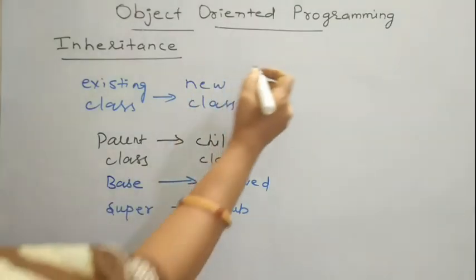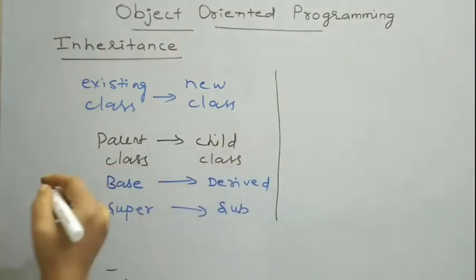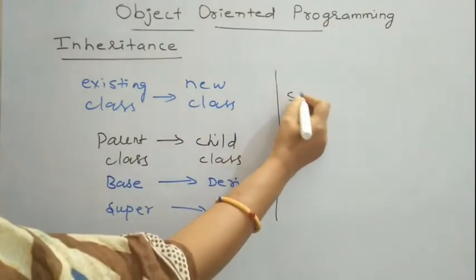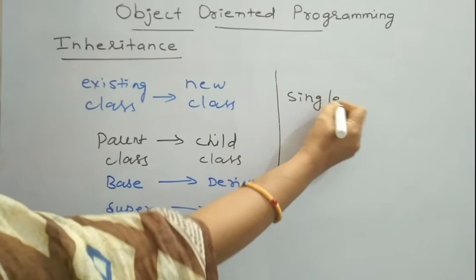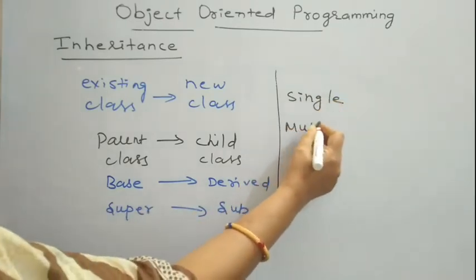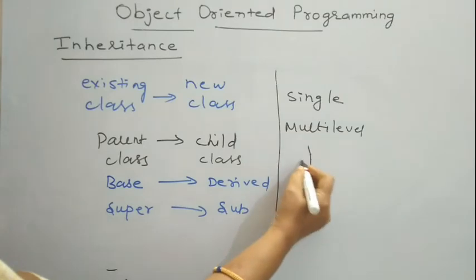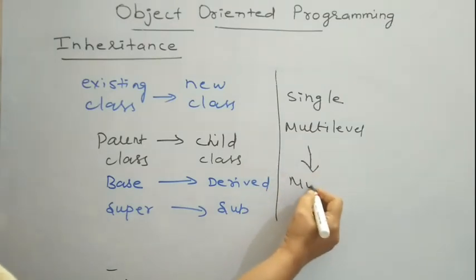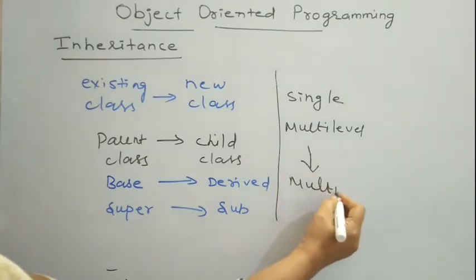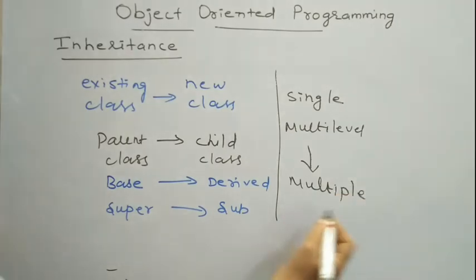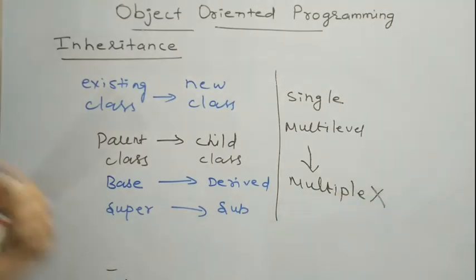Inheritance is supported by Java in terms of single inheritance and multi-level inheritance. Java does not support multiple inheritance. Java supports single and multi-level inheritance.